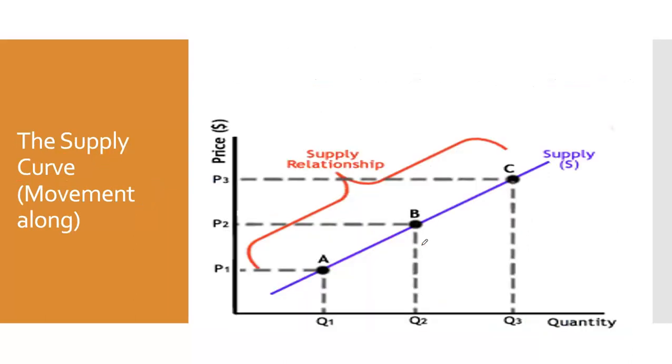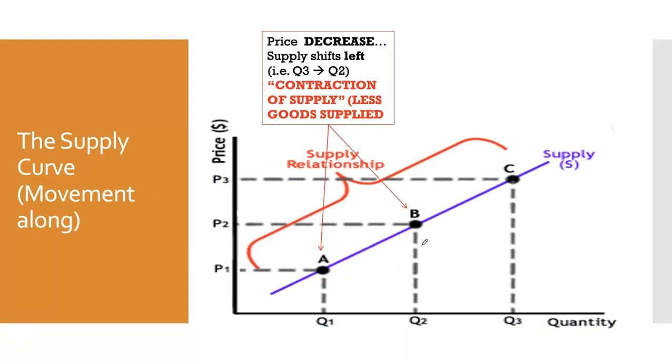And here is a simple supply curve. For a movement along, if I have a price decrease, for example, going from Q2 to Q1, the price has gone down. You can see it's gone from P2 to P1, and there is a contraction of supply as the amount supplied goes down.